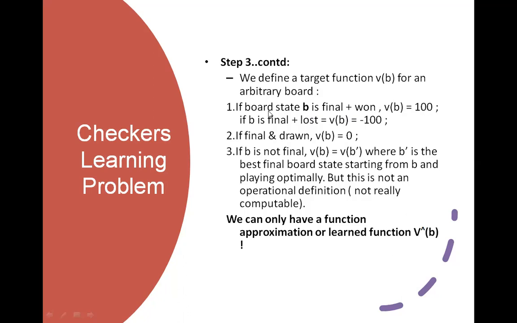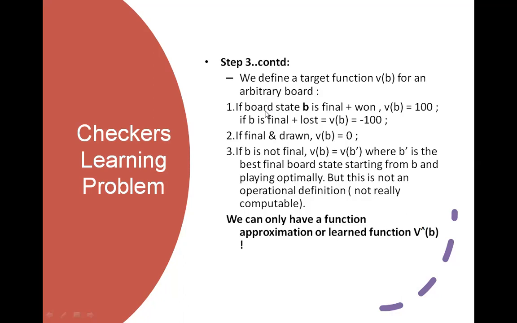Okay, if board state is final and if you lose the game, then I will assign minus 100 as the value of that board state. Any board state you take, and if you make the move and enter a final stage where you win the match, V of B will be 100. If you lose the match, V of B will be minus 100.